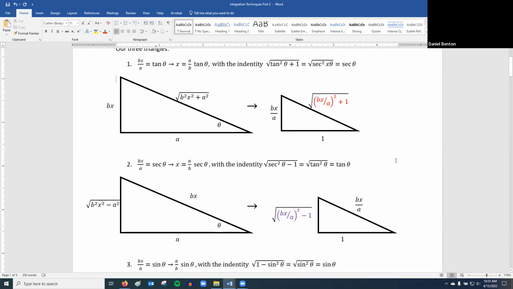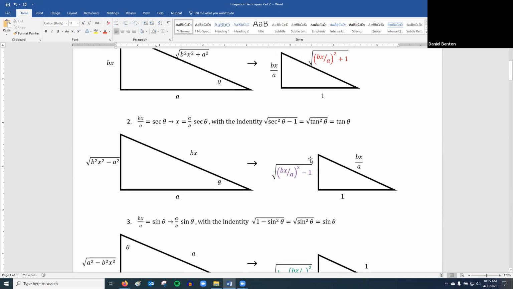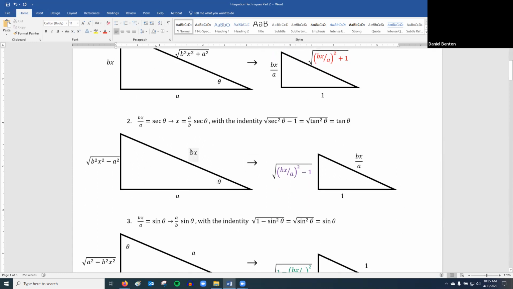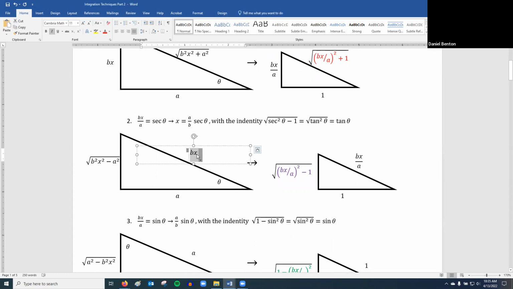Okay. Our second one comes from this triangle right here, right? Cosine is opposite over hypotenuse, and secant is hypotenuse over opposite. And when you use the Pythagorean theorem to solve this, you get this squared minus this squared equals this squared, so we can square root it with this.